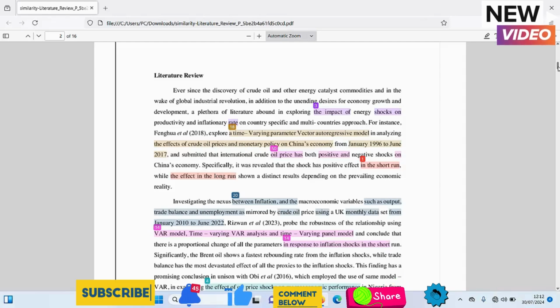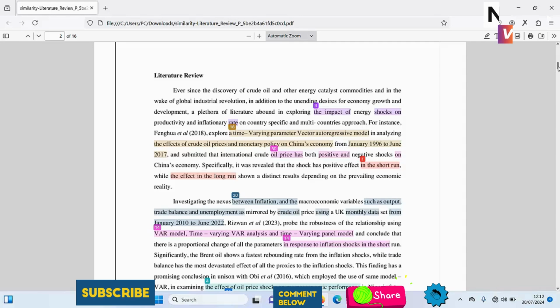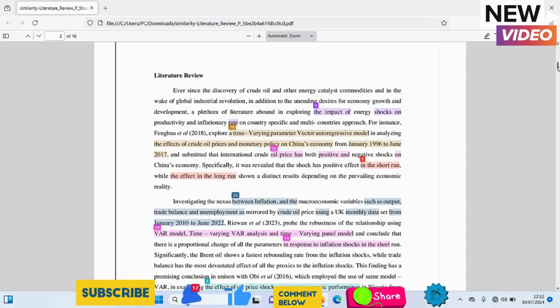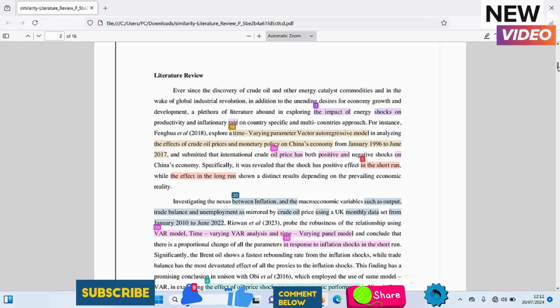So in summary, immediately you receive your plagiarism reports, scroll down, look at the similarity index, then go through the sources, match the sources with the colors in the contents.